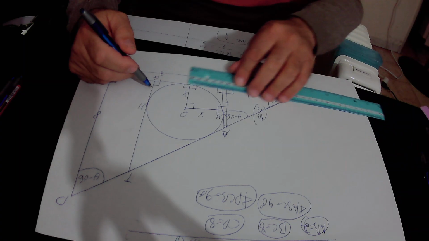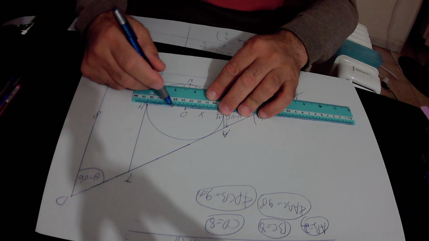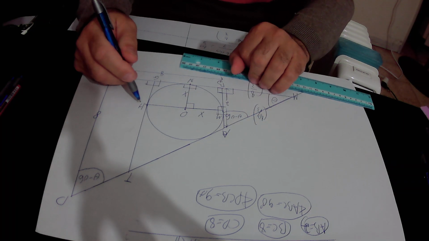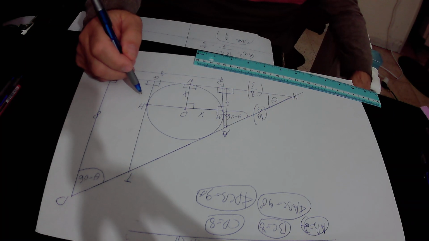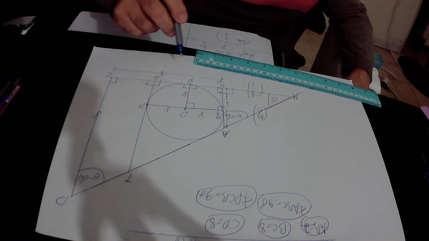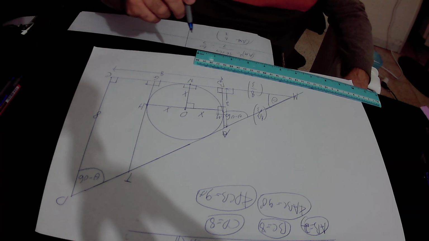We join points O and H together by a straight line. OH, this time, second OH, is the radius of the circle that is equal to x. Again, we have the radius OH that is drawn to point H, that is the point of tangency.